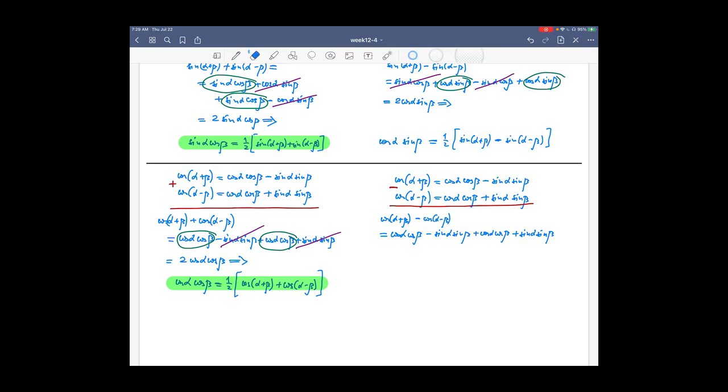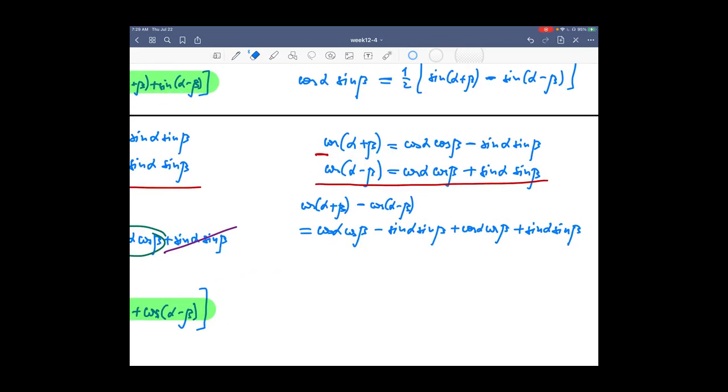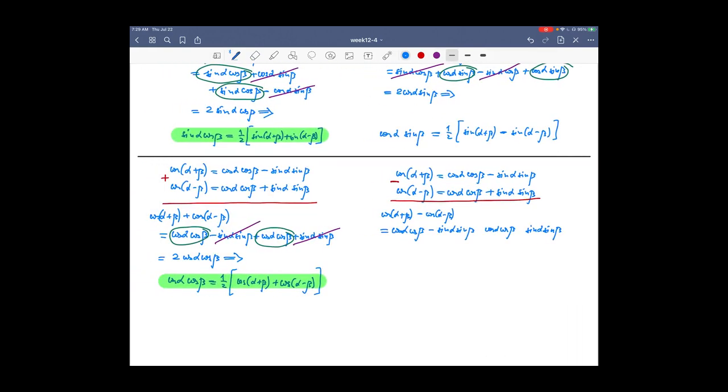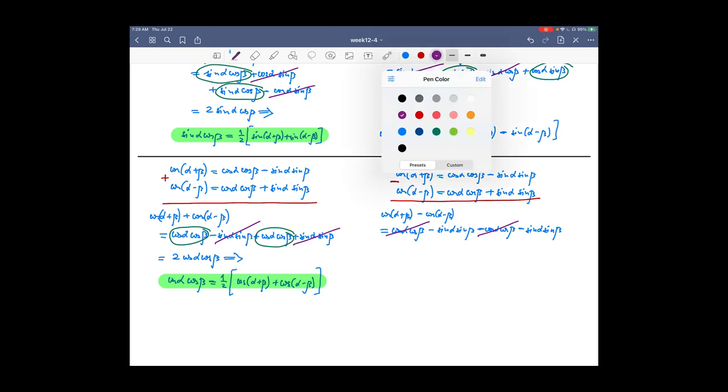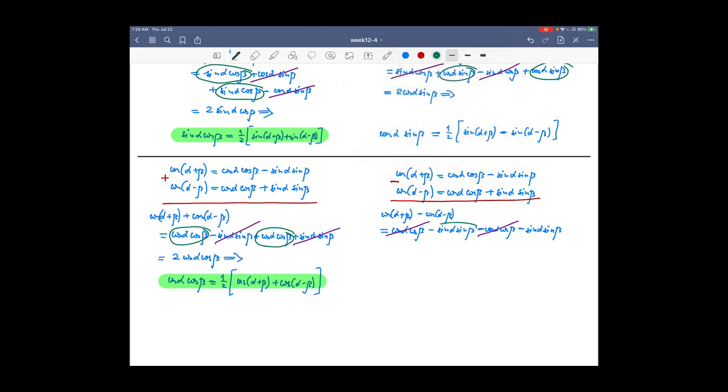I'm subtracting them, so I should get here negative and also negative here. So cosine alpha cosine beta cancel out, and the other two terms are again identical.